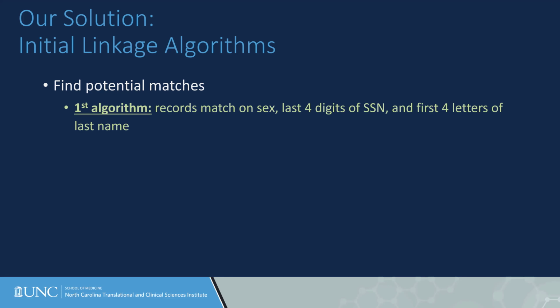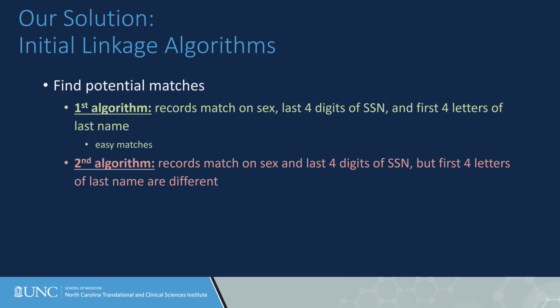The first of these algorithms pulls a potential match if there was an exact match on sex, last four digits of Social Security, and beginning of the last name. What this algorithm is really accomplishing is finding the easy matches, cases where they look like we would hope they would. Almost all the identifiers look very similar in both data sources. This algorithm will find those matches.